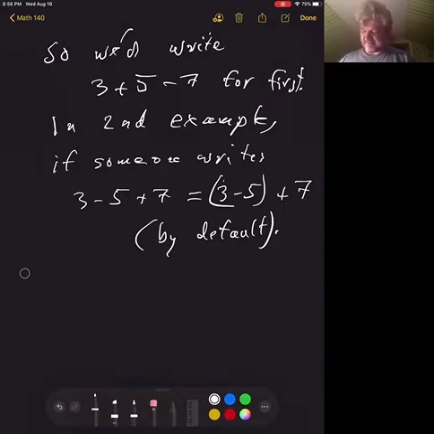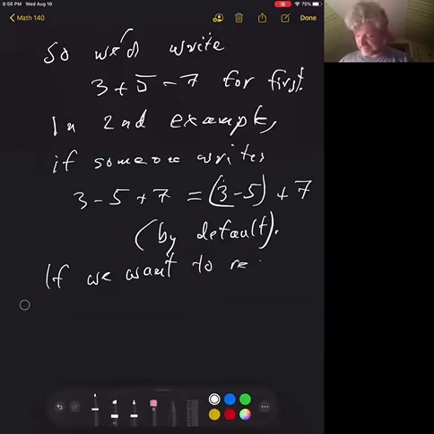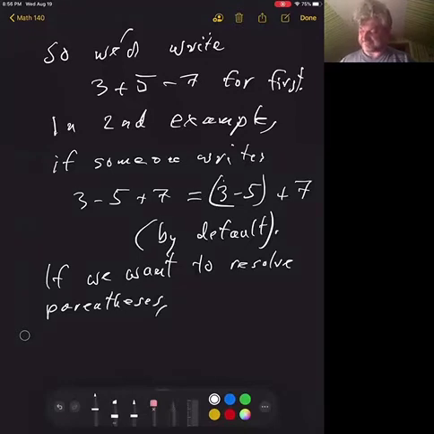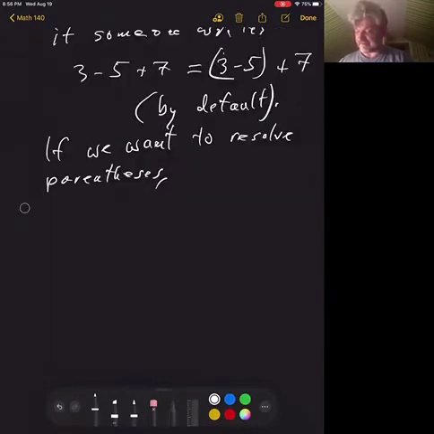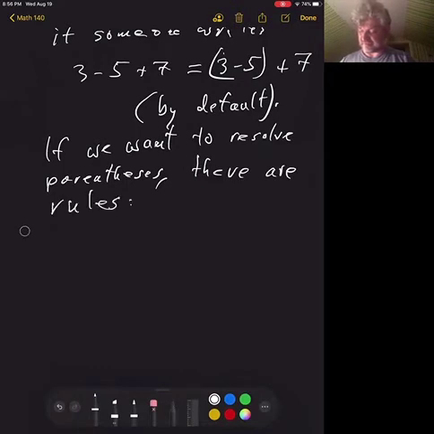And the other thing is, if we want to resolve parentheses, if you want to get rid of them, there are rules. 3 minus (5 plus 7).